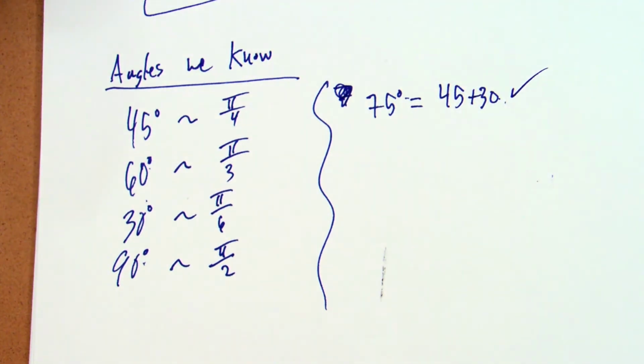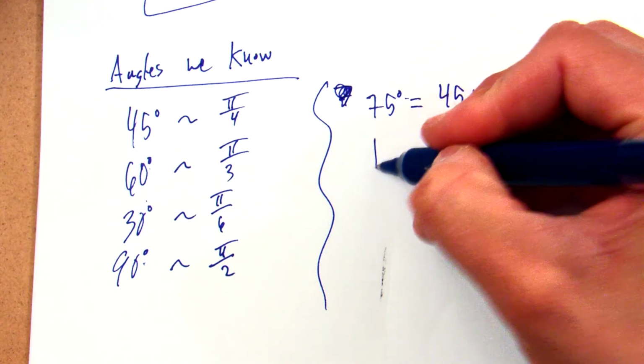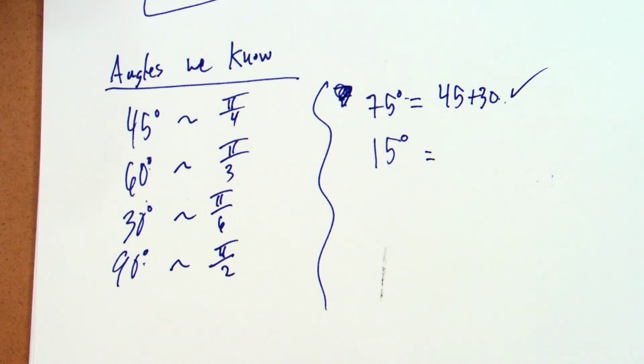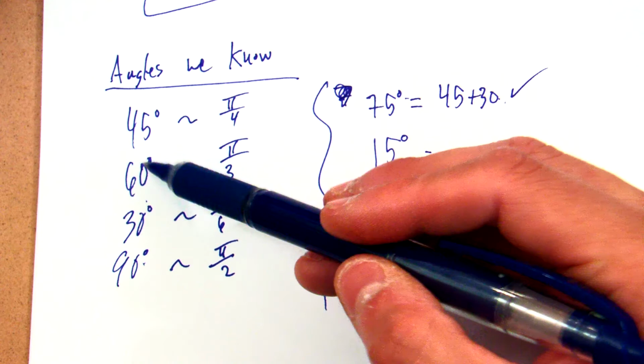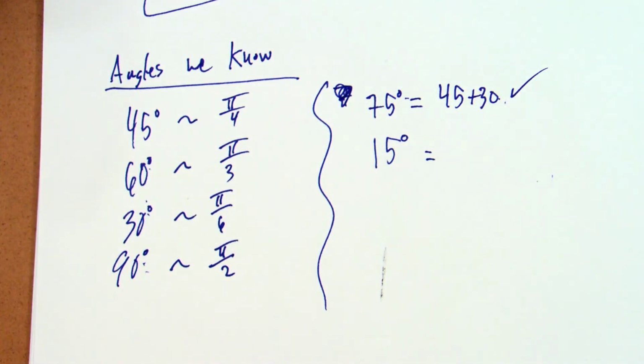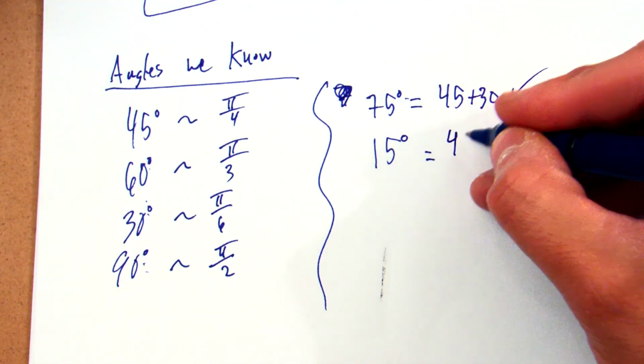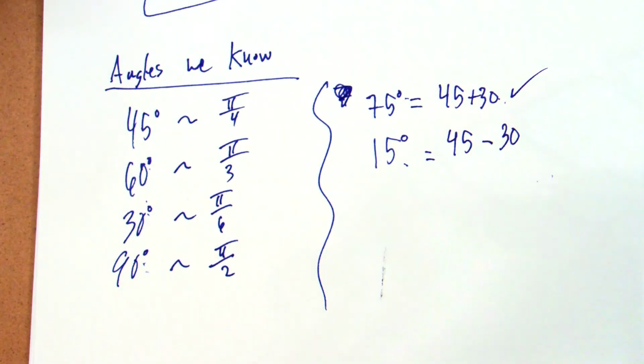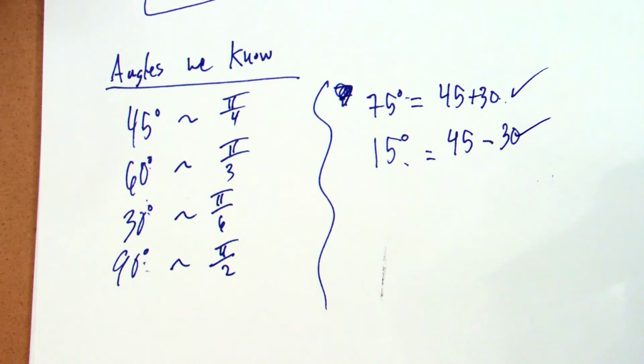Check, right? What about 15 degrees? How would you get that, based on these angles here? Yeah, 45 minus 30. Do we agree? Is that 15? Yeah, that's cool.